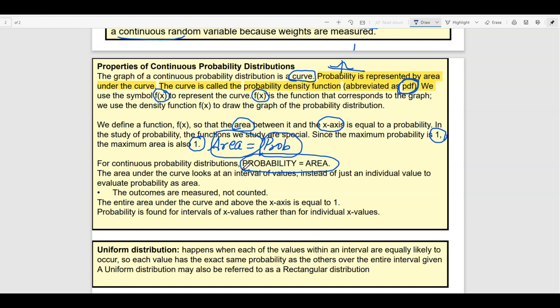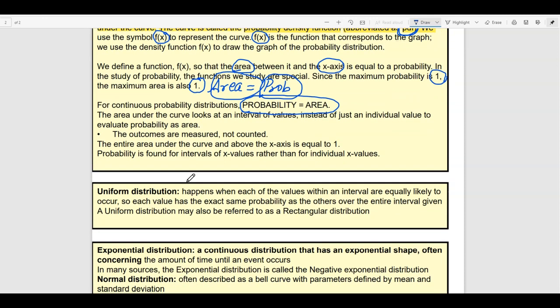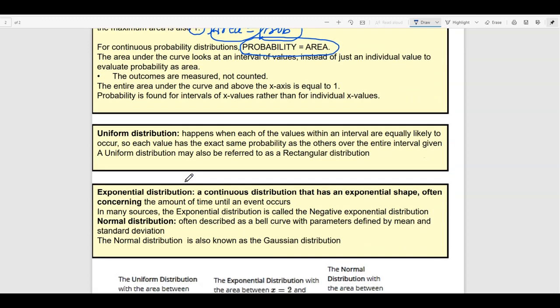All right, so now let's take a look at different types of distributions. You will have a uniform distribution. Everything is uniform, so there is no curve. When I say uniform, your graph is going to look something like a box. Very uniform. Everything is the same. Exponential: it's either going to go way too high or way too low.